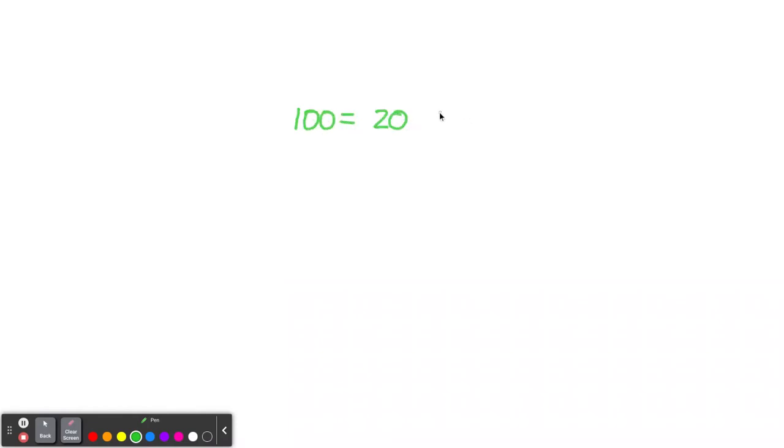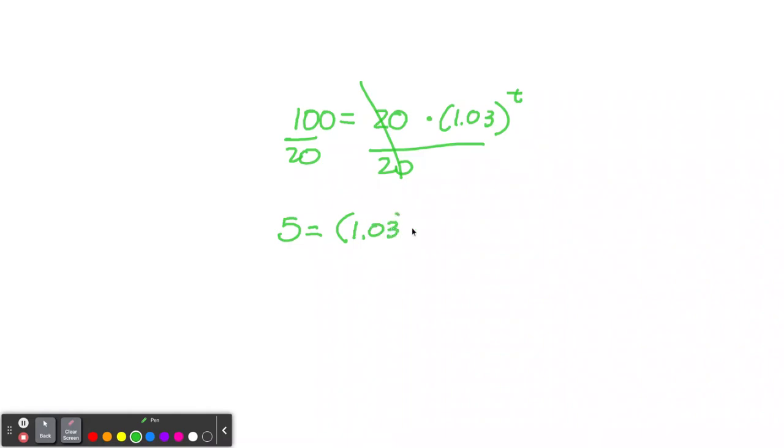Our initial was 20 million times 1.03, that's the growth rate, and we want to know when as the t. What we did is we divided by 20 on both sides because we're trying to get this form where we just have the rate, the base, and the time. And this, by the way, would also look like this: 1.03 to the t equals 5, in case you like it that way better. And this is like saying log base 1.03 of 5.